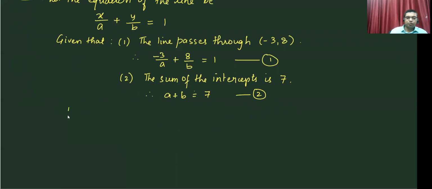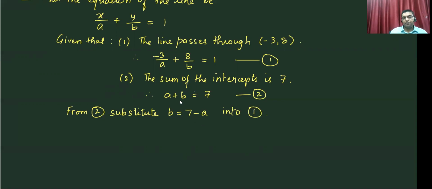From equation 2, b = 7 - a. I am substituting b = 7 - a into equation 1. Multiply the denominators.